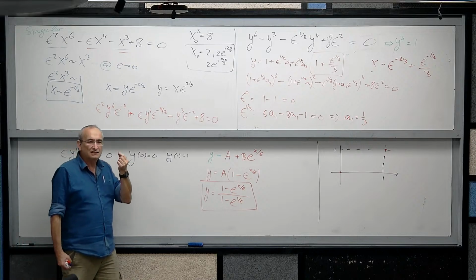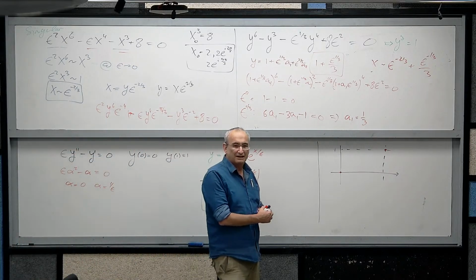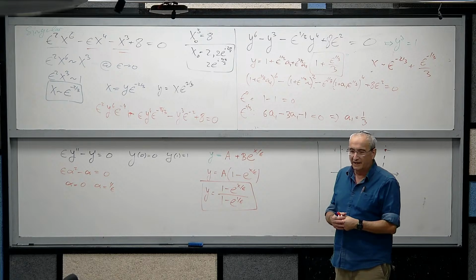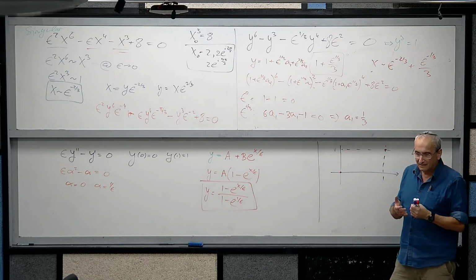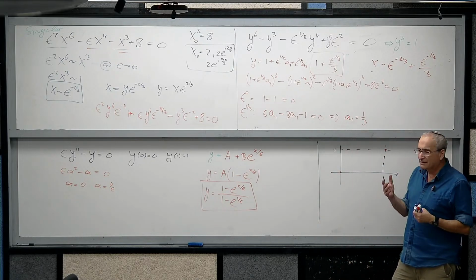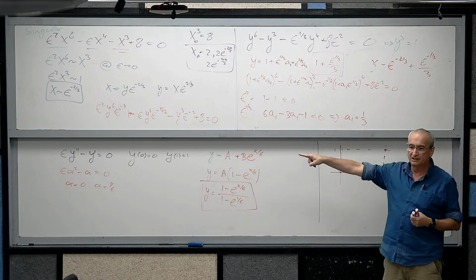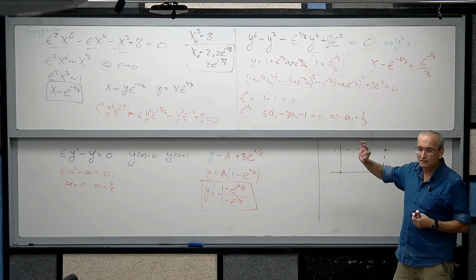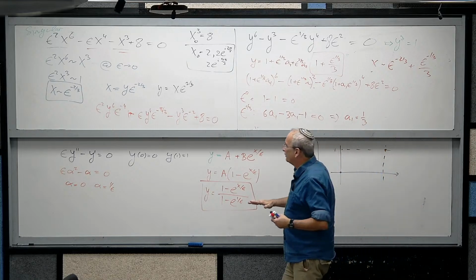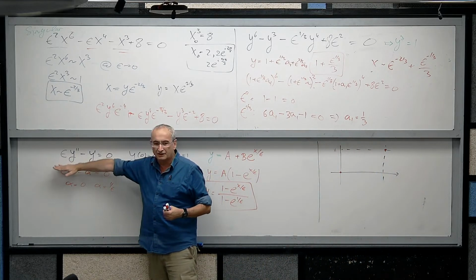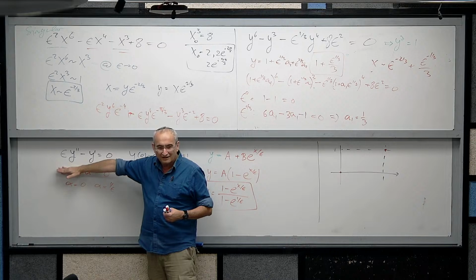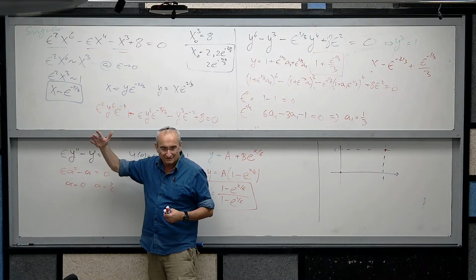In order to satisfy the boundary conditions, I must take y to be not constant. I must take this epsilon term. So no matter how small epsilon, the solution will be completely different if epsilon is 0 and if epsilon is 10 to the minus 100.